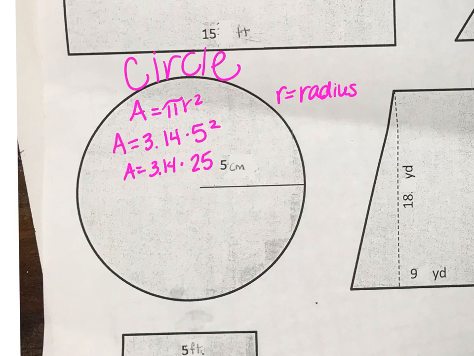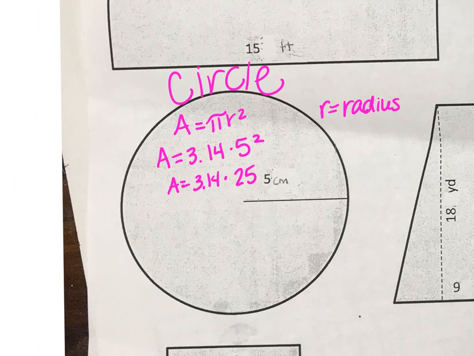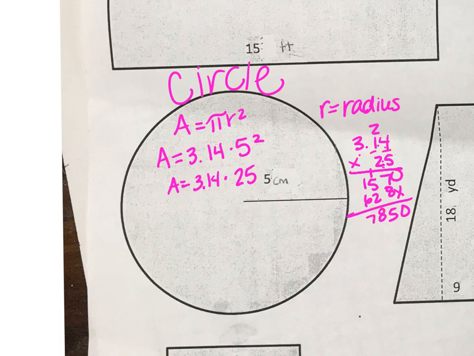I don't know that off the top of my head, so I'm going to come out to the side and do it here, 3.14 times 25. 5 times 4 is 20. 2 times 4 is 8. 2 times 5 is 10, 6, 7, 8... And we got 78.5. Okay, so area equals 78.5 centimeters squared.